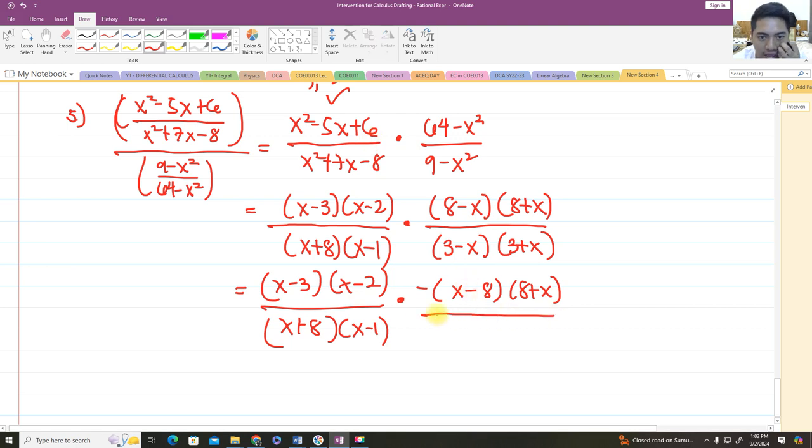But there's no need to get the negative sign of 8 minus x because we cannot just simply cancel, so we're just going to go back. We have 8 minus x here, and this is what we need in 3 minus x. So I can factor out negative, and that becomes x minus 3, and then you have 3 plus x.